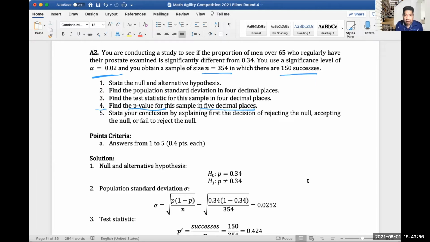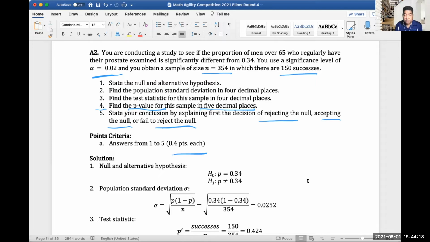And 5 is the conclusion, explaining first the decision of rejecting the null, accepting the null, or failing to reject the null. Answering these 5 questions would give you 2 points, so 4 points each.